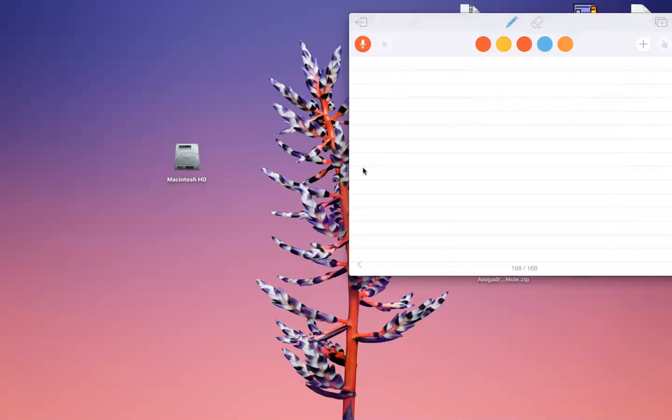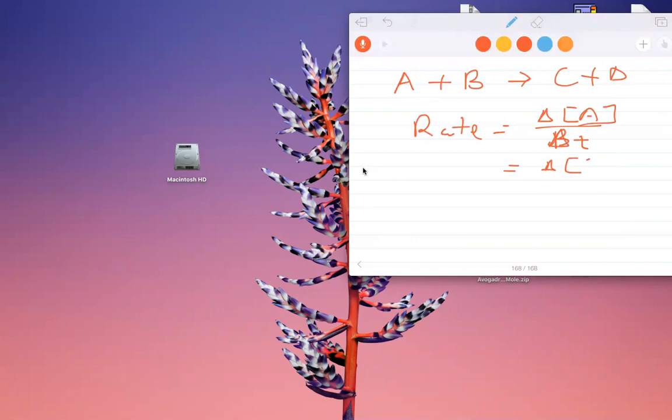You can look at the rate of reaction as a function of, let's say, A reacting with B to form C and D. Rate of reaction can be monitored as change in concentration of A over change in time. It could also be change in concentration of B over change in time.